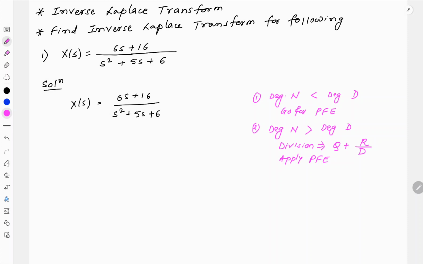In our case, the degree of numerator is less than the degree of denominator, so straight away apply the partial fraction expansion.